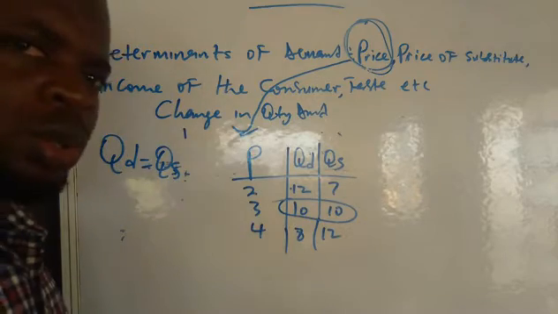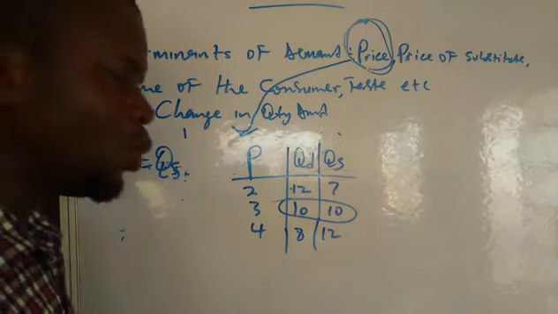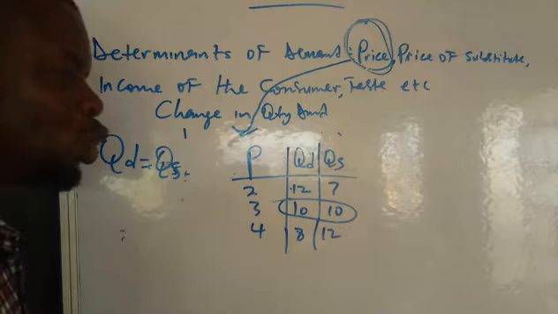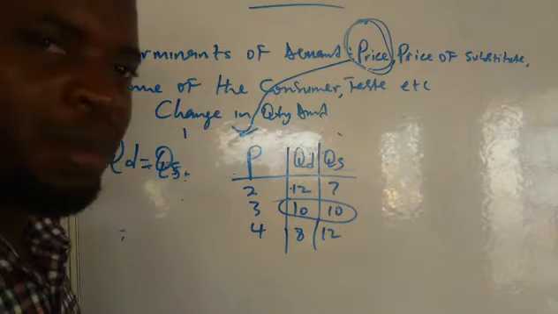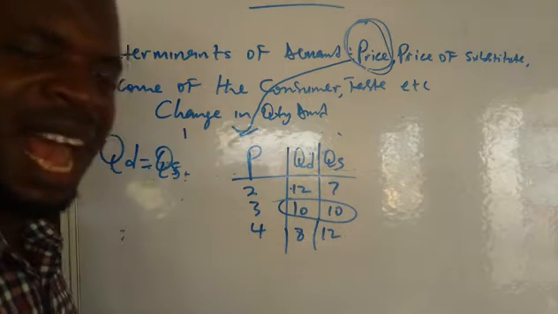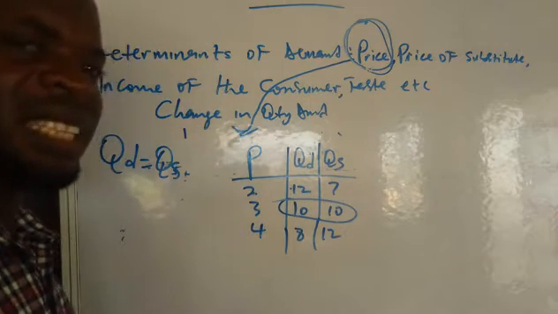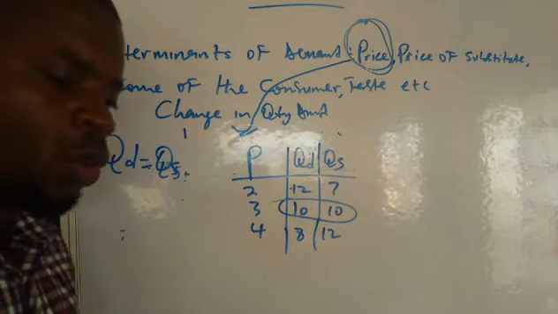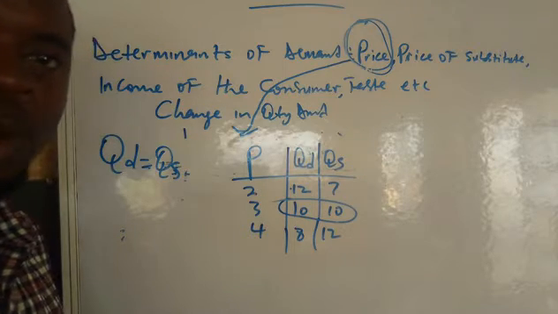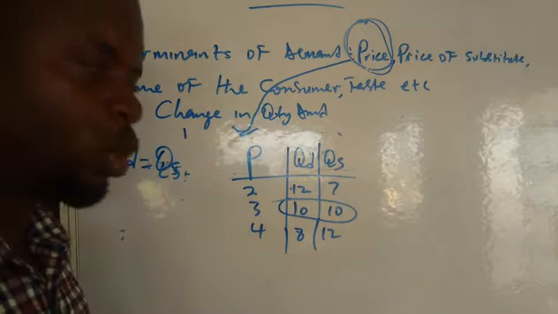Now, there's one thing I want you to know here. They can also bring another thing, and they ask you at price 2, what is the excess demand? They will ask about excess demand and excess supply. Excess demand means the difference between quantity demanded and quantity supplied. So excess demand comes when there is disequilibrium.